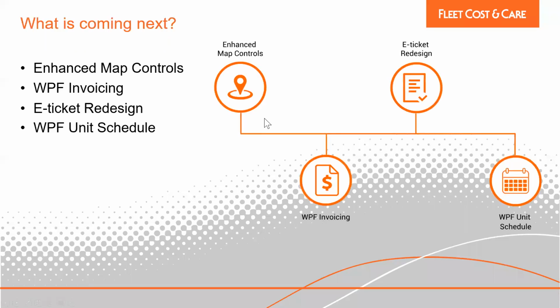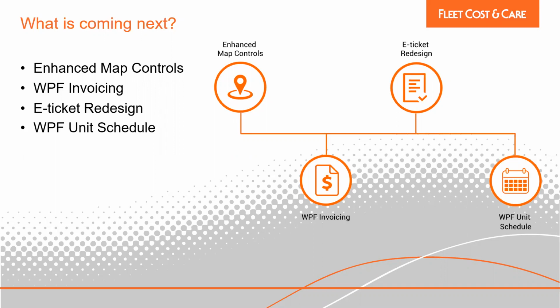And then the last slide here, I just want to cover what's coming next. There've been some questions around the next screens that will be introduced. We've got some enhanced map controls that are going to be added to the system shortly. From a WPF perspective, the next two screens we're working on are the invoicing screen and the unit schedule.